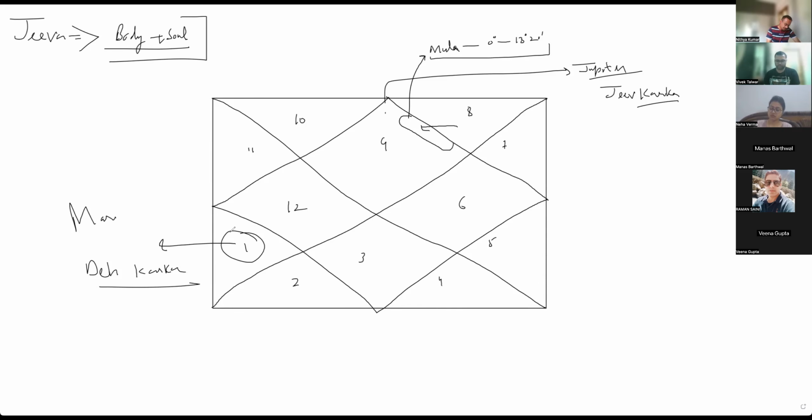And this is also the Moola Trikona of Mangal, Aries. Aries is the Moola Trikona of Mars. This is the Moola Trikona of Jupiter, Sagittarius, because of this reason, that Mangal is at work.